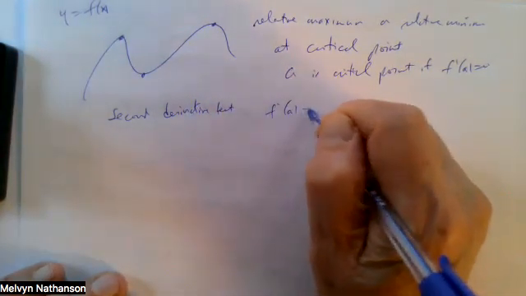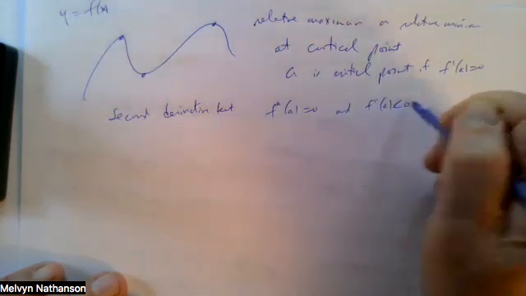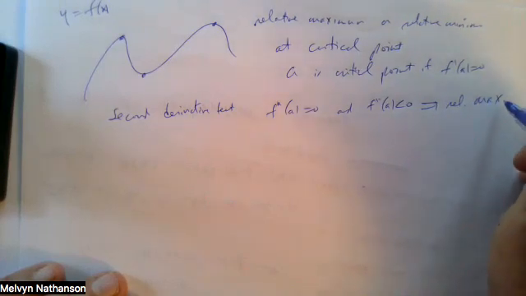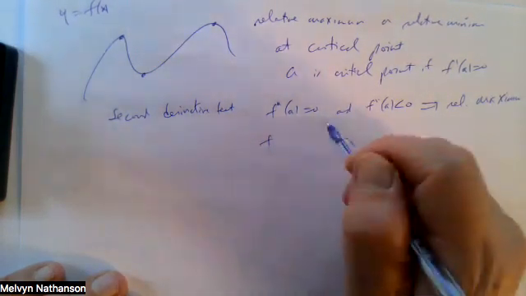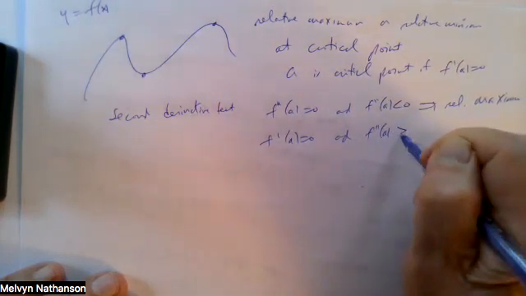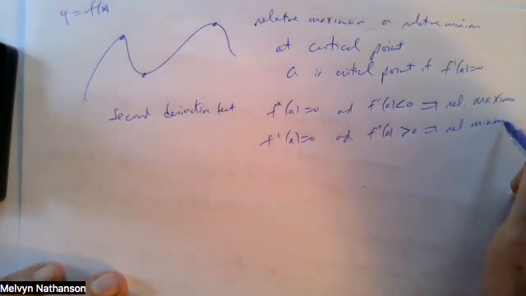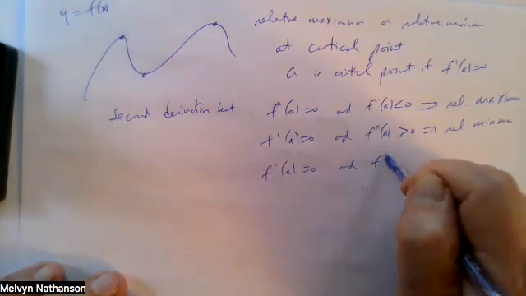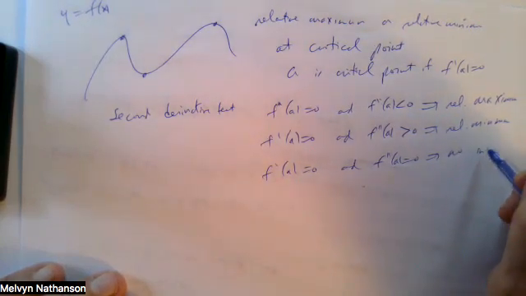If f prime of A is 0, that means you're at a critical point, and the second derivative is negative, this means you have a relative maximum. If the first derivative is 0 and the second derivative is positive, you have a relative minimum. If the first derivative is 0 and the second derivative is also 0, you have no information from the test.